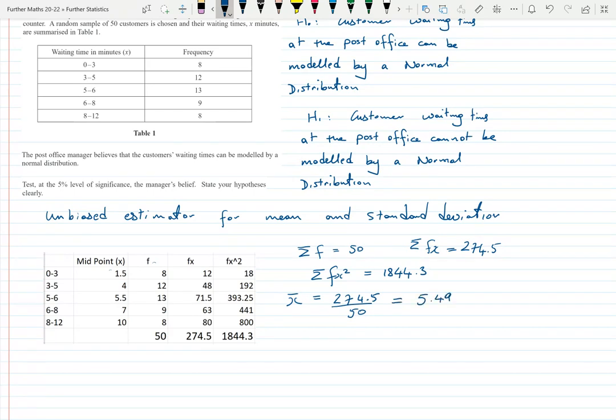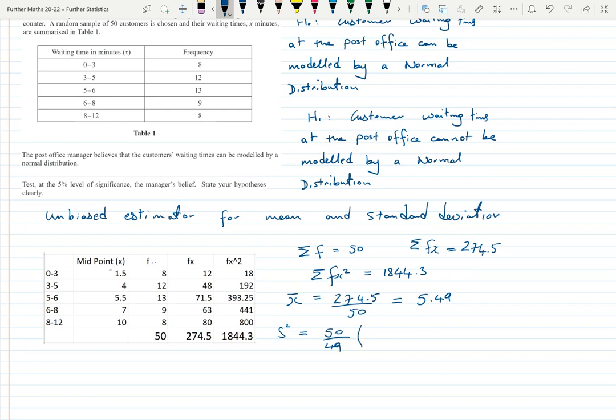Then we need an unbiased estimator for the standard deviation. And remember, this is sample data. We're estimating the standard deviation. So it's s squared using our notation, where we basically divide by n minus 1. Because of the way we've constructed the data, I might just write it like this: work out the sample standard deviation and scale it to make it unbiased, so basically times by 50 over 49.